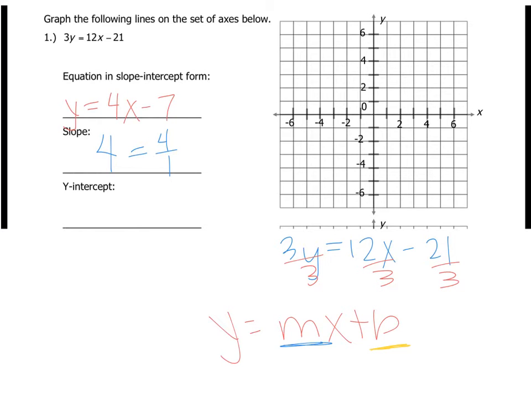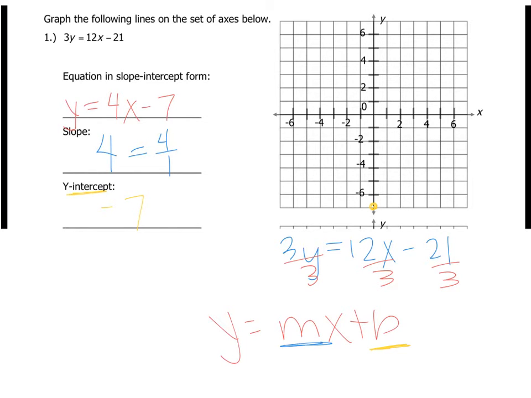So the y-intercept, because that's minus 7, your y-intercept would be negative 7. So notice the word intercept. Intercept means crossing through. It's intercepting the line. So since it's the y-intercept, that's where it crosses the y-axis. So negative 7 is where it crosses the y-axis.